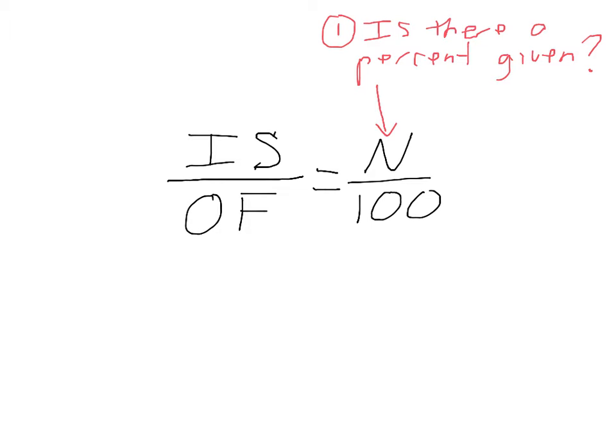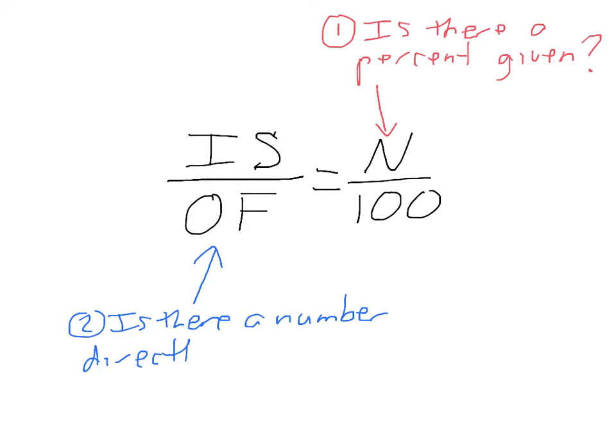Question number 2 goes to of. And this question says, is there a number directly after the word of?